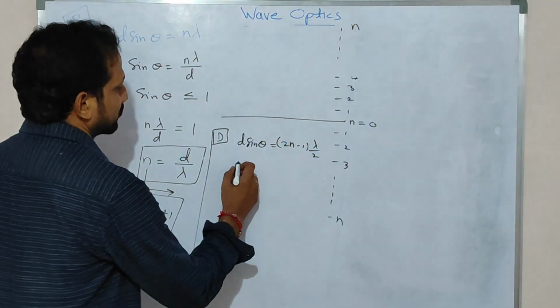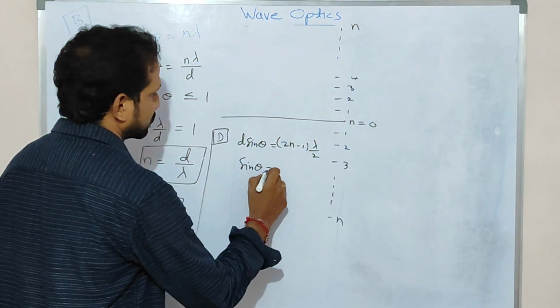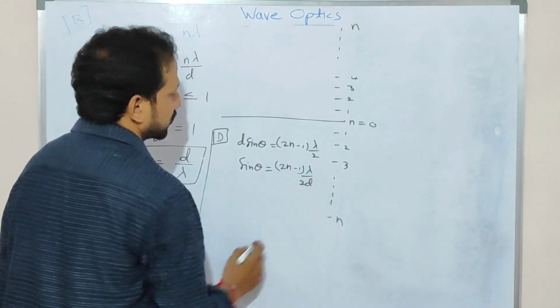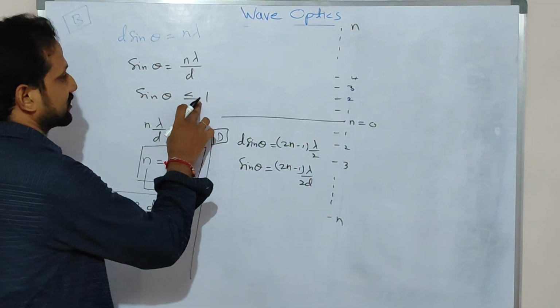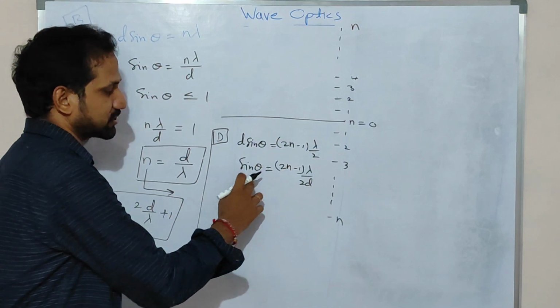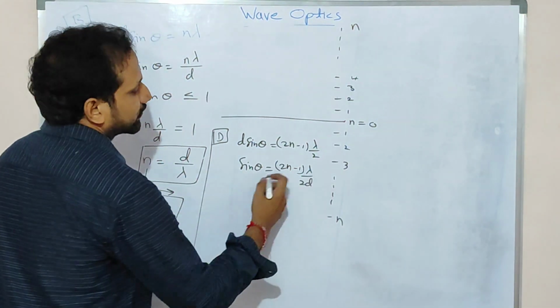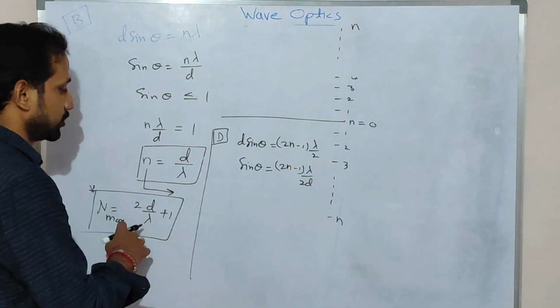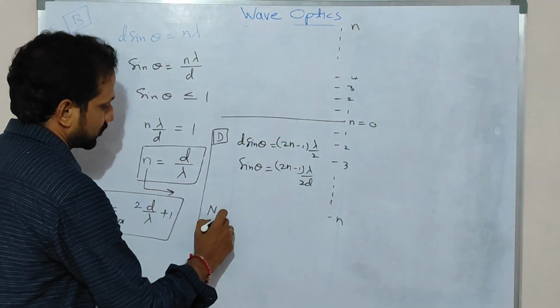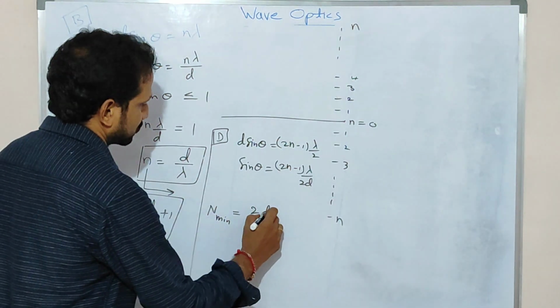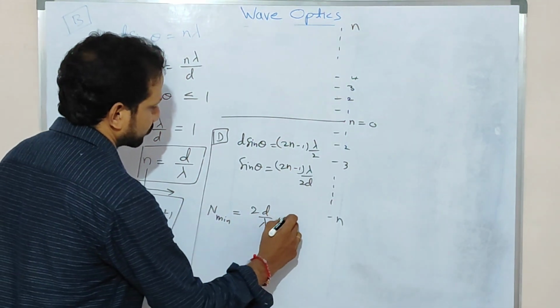From here I can rewrite sin theta equals (2n minus 1) into lambda by 2d, and again sin theta is always less than or equal to 1. The maximum value of sin theta is 1, that you know. We can equate for this again and find the number of minima. The number of minima will also be equal to 2 times d by lambda plus 1.